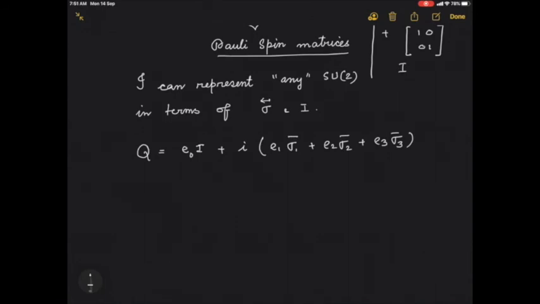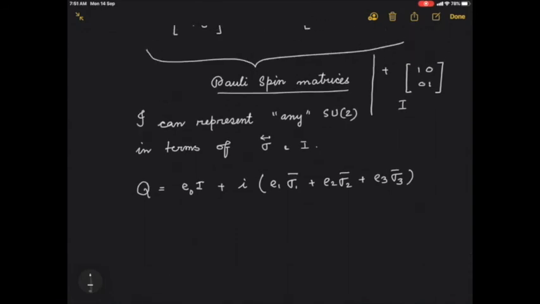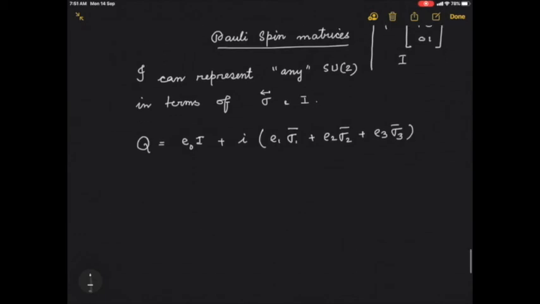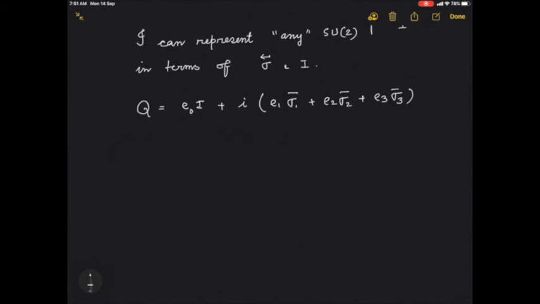And then once you have written it that way, you compare and check, get out the sigmas. So let me show you one example, not with Q but with P.